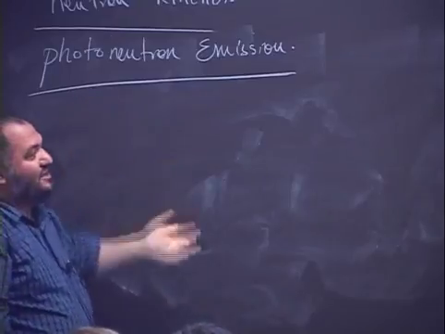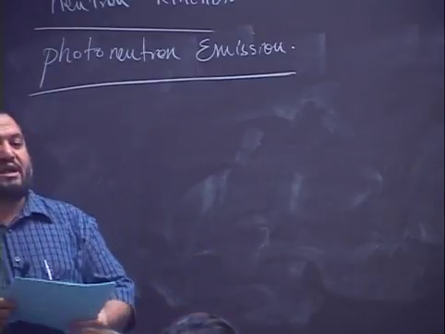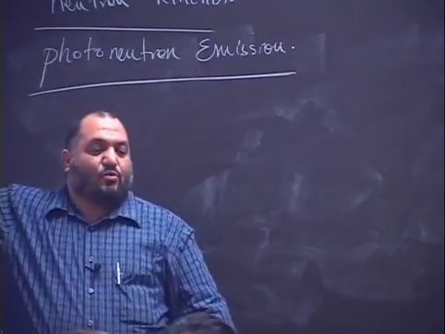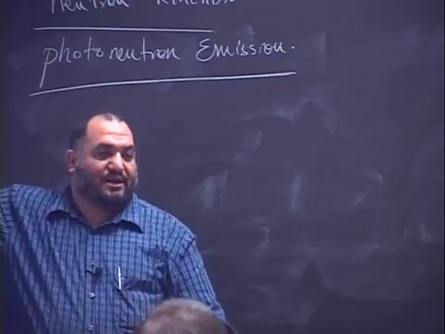You have decay of the radionuclide coming from the fission, and this beta decay is usually accompanied by gamma ray decay.